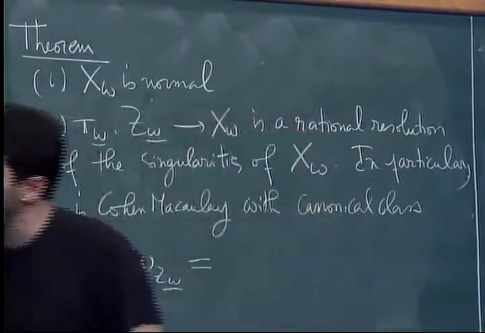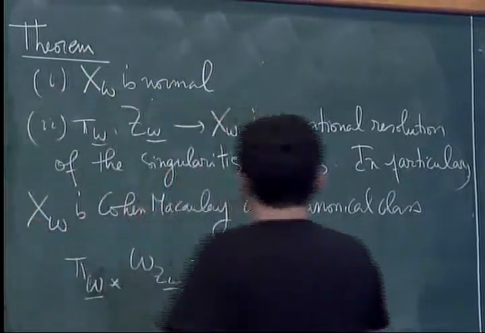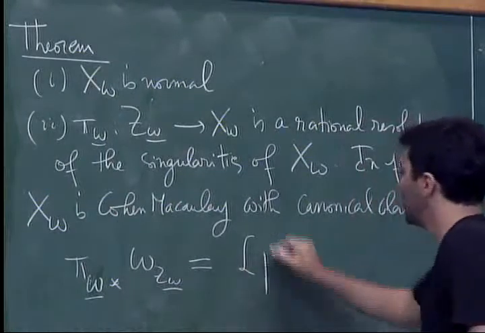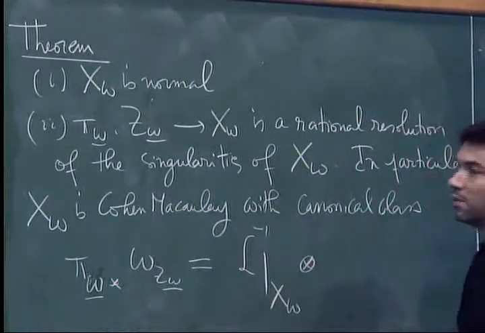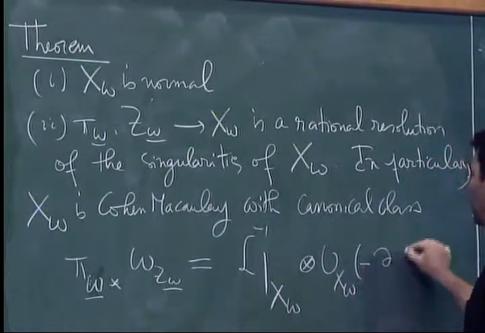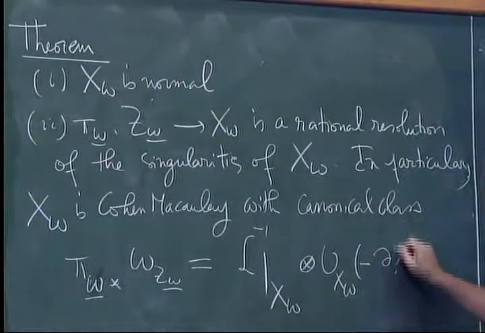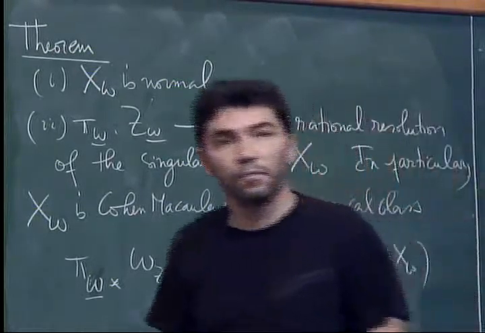So being exactly given by this, in the end you get L minus 1 restricted to X omega tensor with O of X omega minus the boundary of X omega.